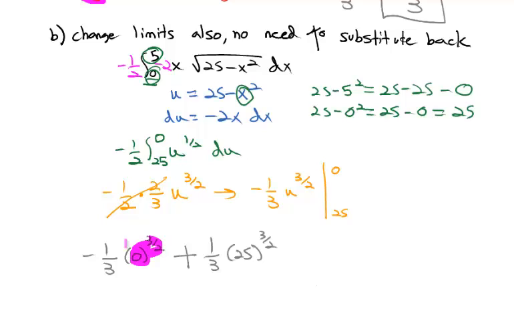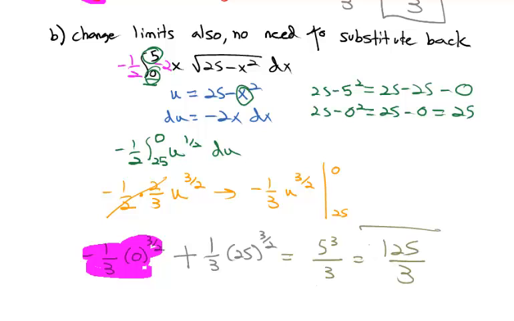Again, 0 to the power times anything, that's all 0. 25, the square root of 25 is 5 cubed over 3, which is 125 over 3. The same exact answer, but we did not have to substitute back to the other equation and evaluate that more complex equation.